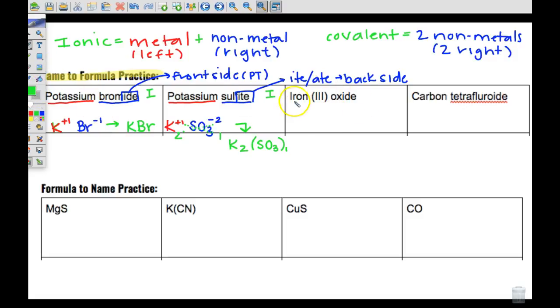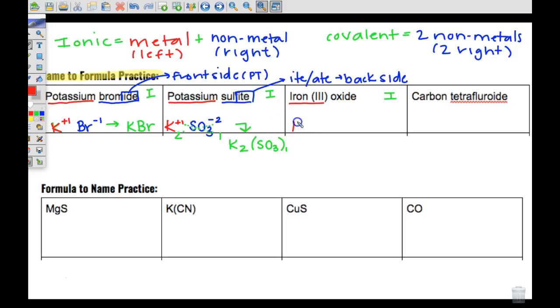In my next example, I have iron. Now I have a Roman numeral 3 oxide. My first question is the same as the last two. Is iron a metal or a nonmetal? Well, after looking at my periodic table, it's in the middle, but that still counts as the left side, so it's a metal, which means that this compound is ionic.